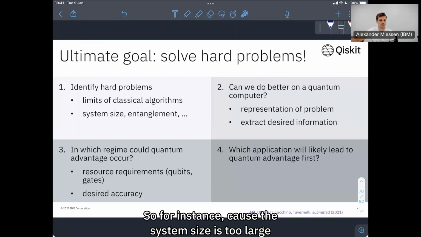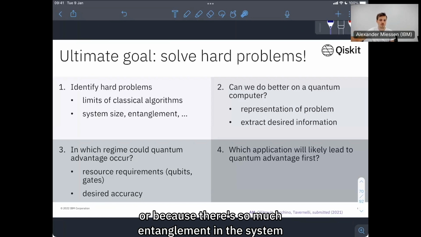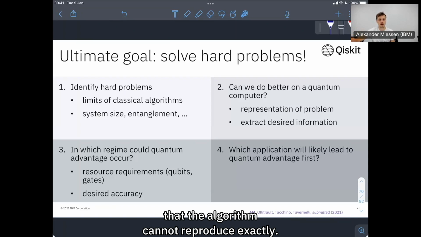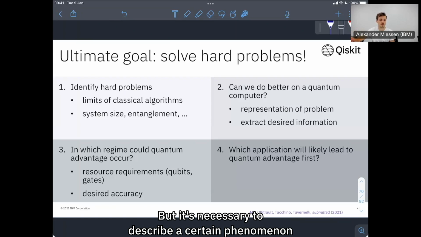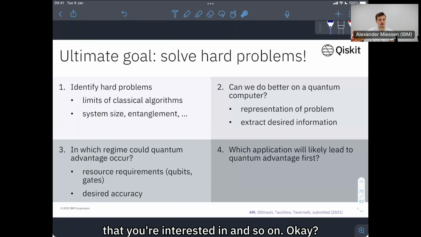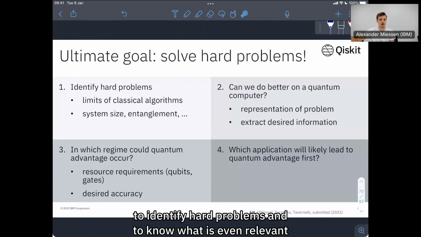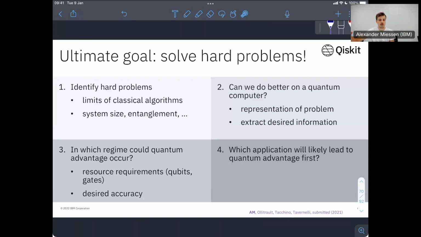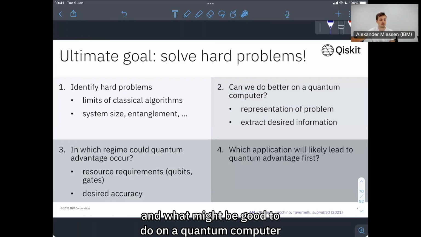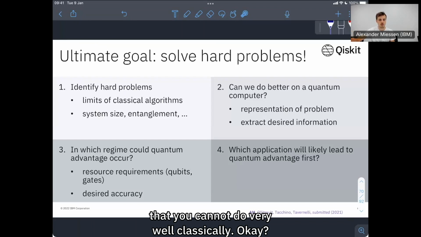So, for instance, because the system size is too large, or because there's so much entanglement in the system that the algorithm cannot reproduce it exactly, but it's necessary to describe a certain phenomenon that you're interested in, and so on. Okay, so that's the very first step, to identify hard problems and to know what is even relevant and what might be good to do on a quantum computer that you cannot do very well classically.